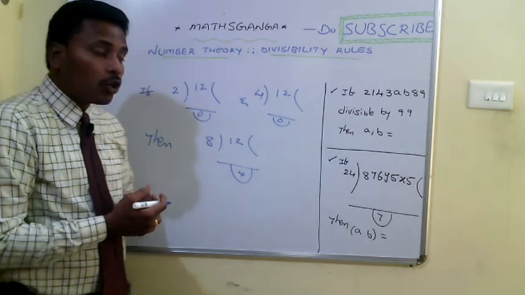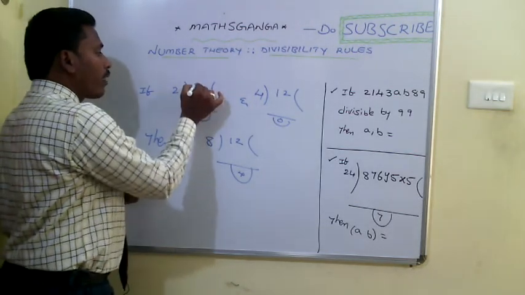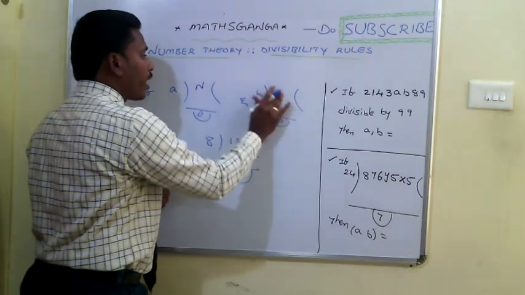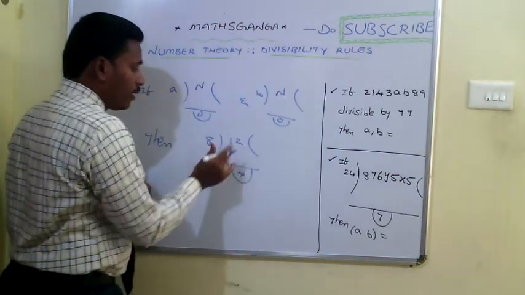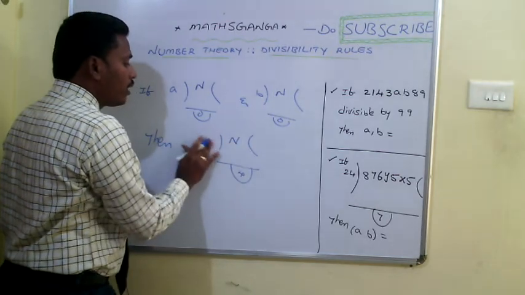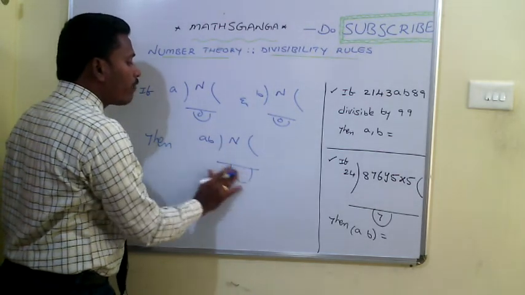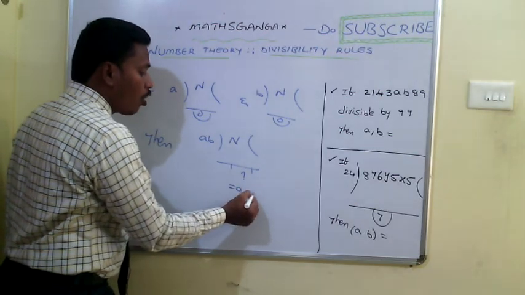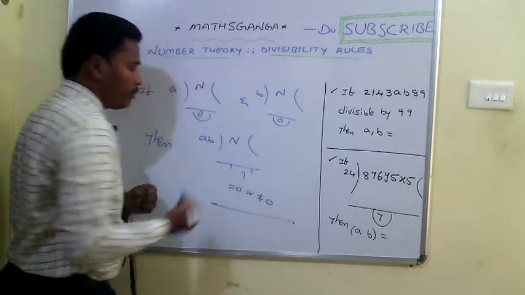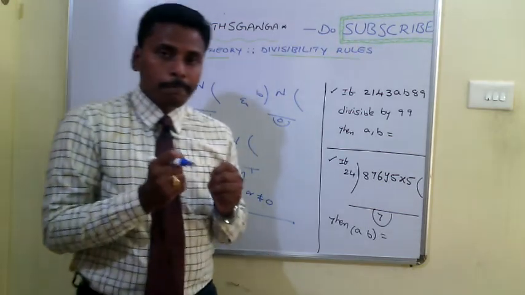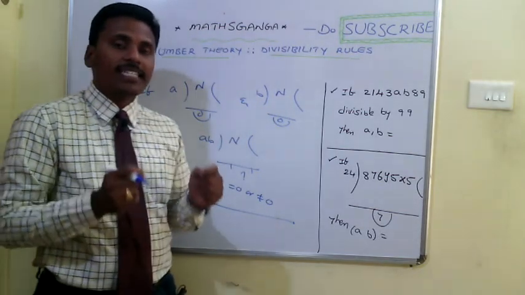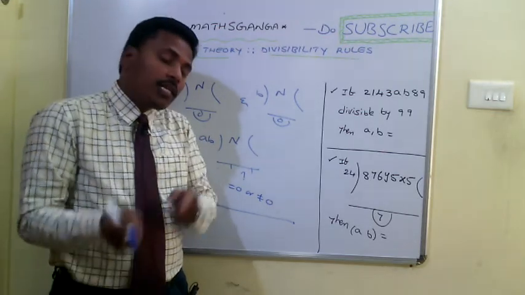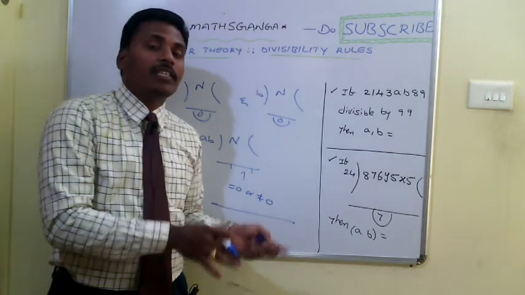So finally what do we conclude? If A and B are factors of n, then A into B may or may not be a factor. The remainder may be 0 or may not be 0. If A, B are divisors or factors of a number n, then A into B sometimes is a factor and sometimes is not.